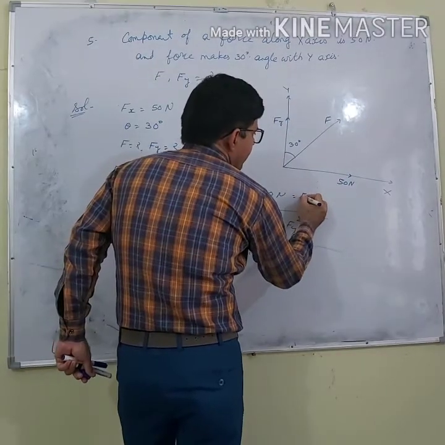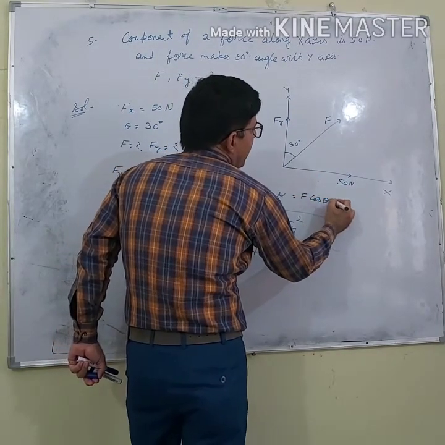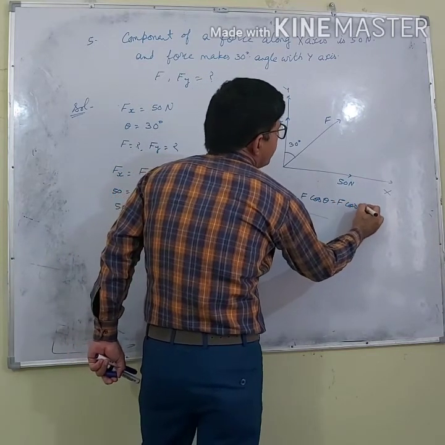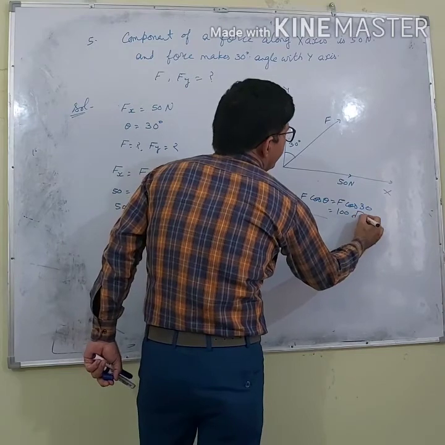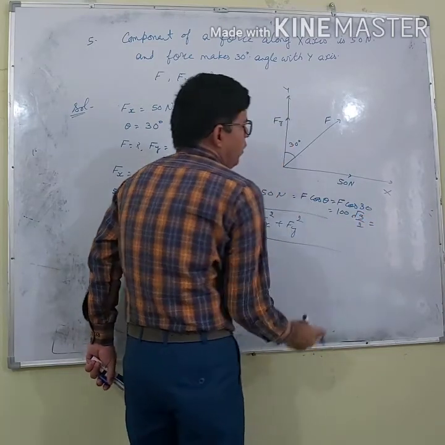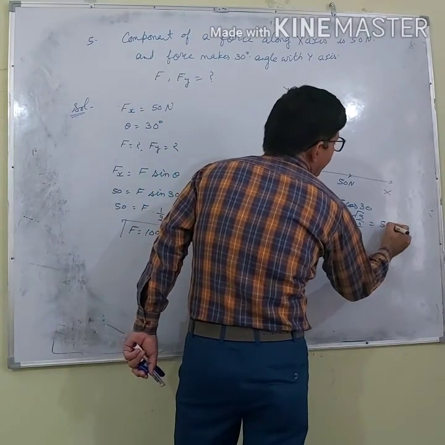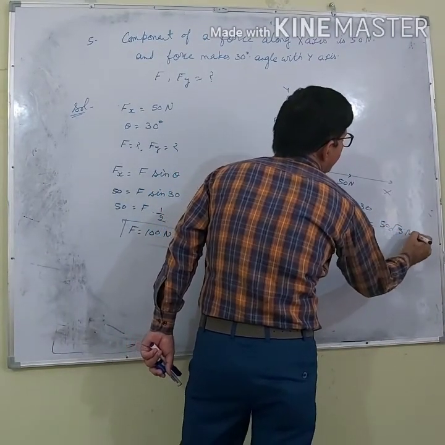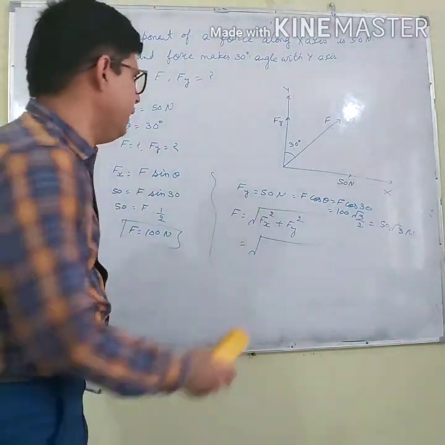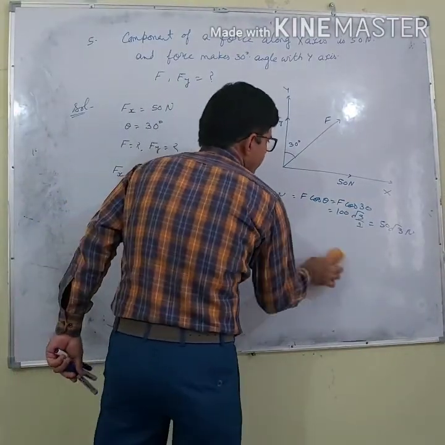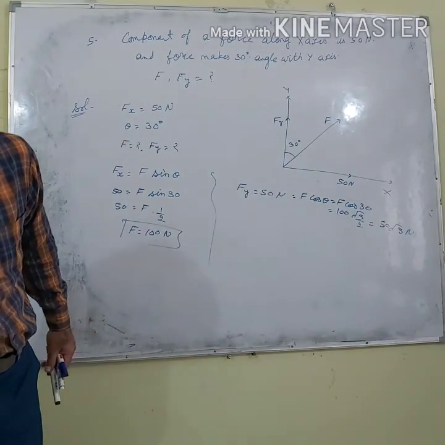Fy equals F cos theta, F cos 30, and what is F? 100, and what is cos 30? Root 3 by 2. So how much will it be? It will be 50 root 3 Newton. Right? So there is no need for the formula under root Fx square plus Fy square. It can be calculated in this way also.